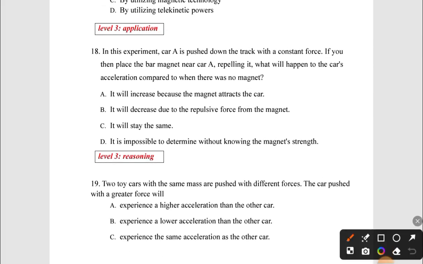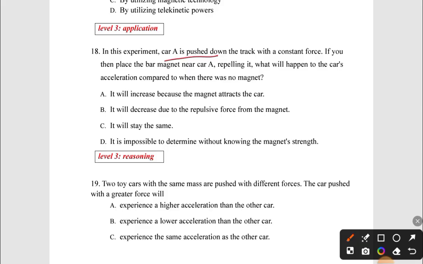Question 18. In this experiment, car A is pushed down the track with a constant force. If you then place the bar magnet near car A, repelling it, what will happen to the car's acceleration compared to when there was no magnet? A. It will increase because the magnet attracts the car.